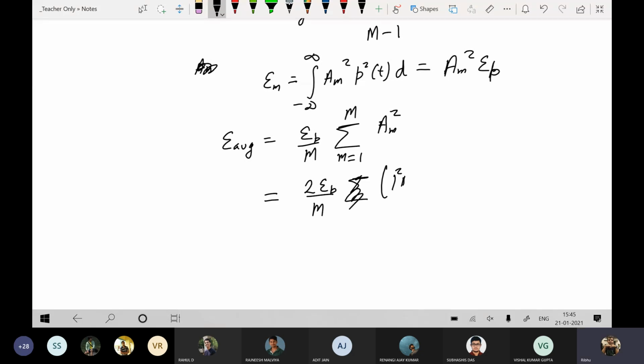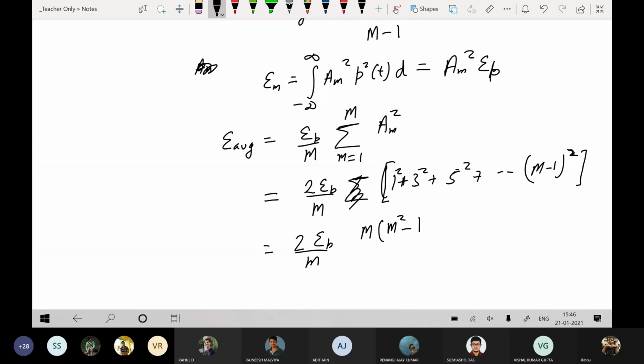1 square plus 3 square plus 5 square plus up to (M minus 1) whole square. So now from what we have learned, this is the sum of squares of odd numbers.